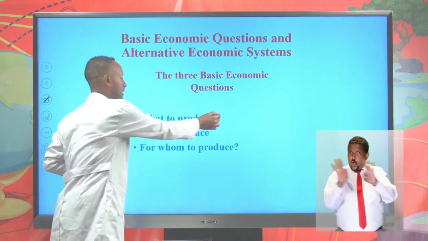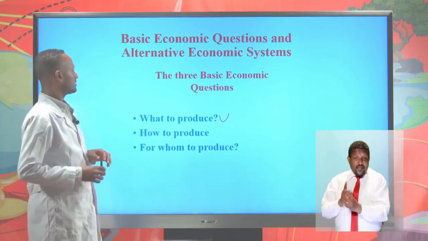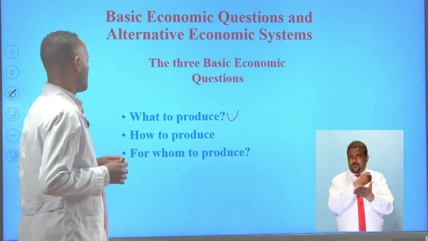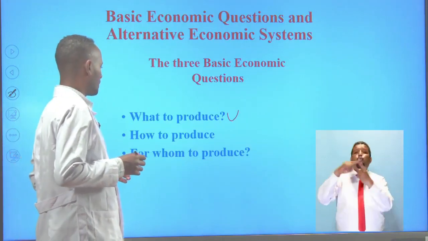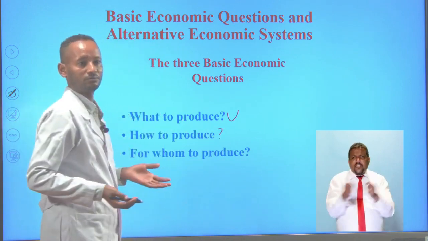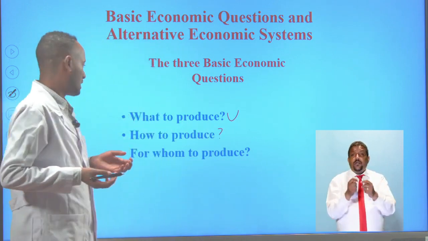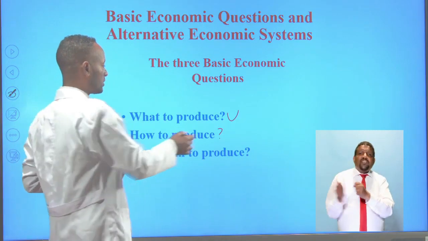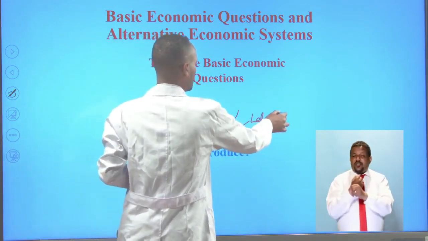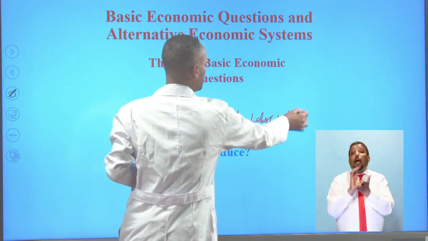allocation of economic resources. The second basic economic question is how to produce. The how to produce question addresses the problem of choice of techniques of production. There are 2 types of techniques of production called labor intensive and capital intensive.